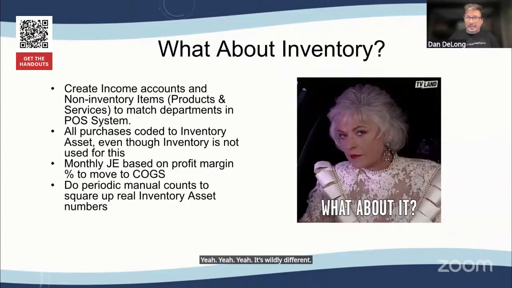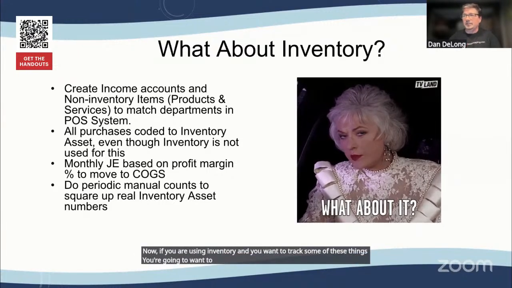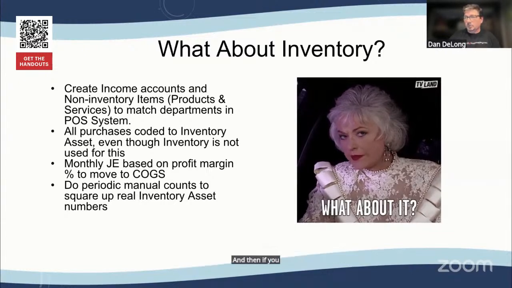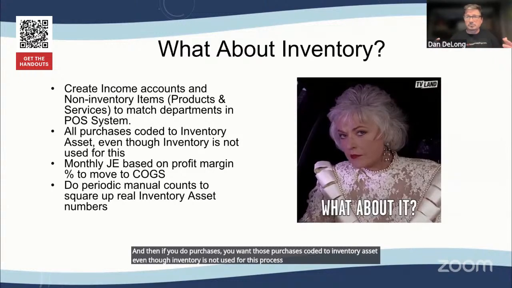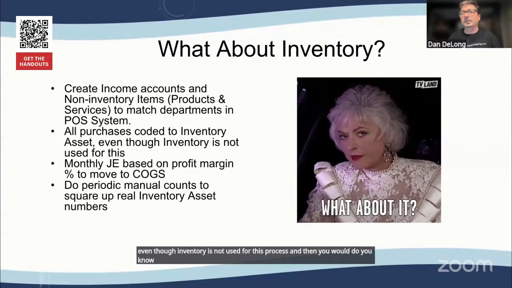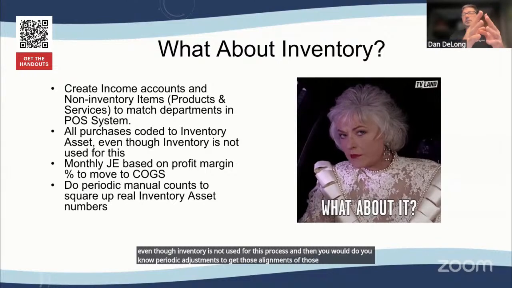Now, if you are using inventory and you want to track some of these things, you're going to want to create income accounts and non-inventory items as well, and those will match the point of sale systems. And then if you do purchases, you want those purchases coded to inventory asset, even though inventory is not used for this process. And then you would do periodic adjustments to get those alignments of inventory value into QuickBooks.